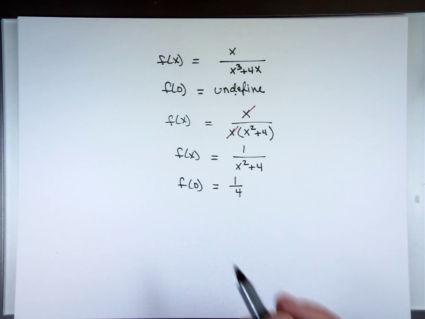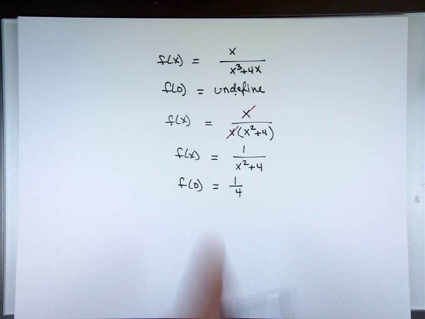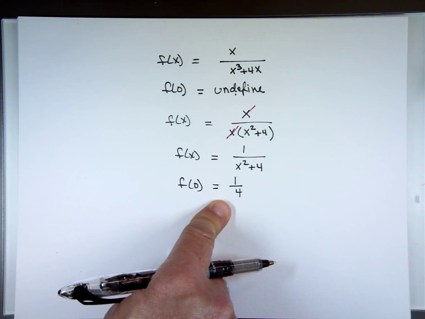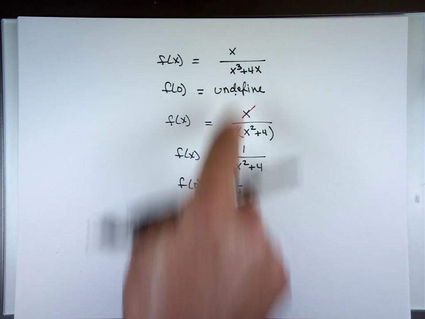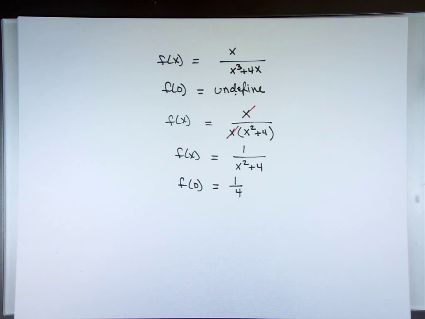That's called removable discontinuity. So in that question, when they asked, is this discontinuity removable? The answer is no in the previous one. In this one, yes it is. In the previous one, you can't remove it. There's not much I can do to get rid of that 0 on the bottom. Here, yes, I can remove it. So that's not a homework problem, that's something I made up, which is why there's no number on it.